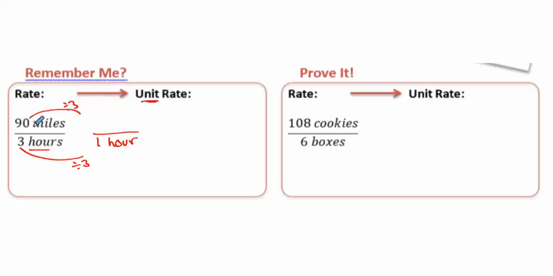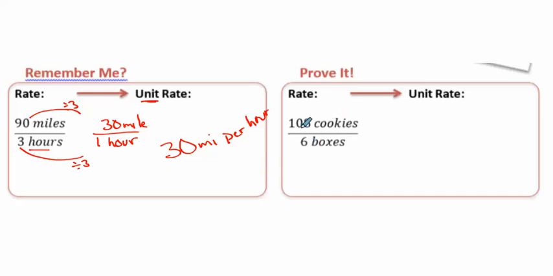So 90 divided by 3 gives me 30. So I can go 30 miles, that's the abbreviation, per hour. Okay, 30 miles an hour. You might have heard that. Driving, I can drive 30 miles an hour.